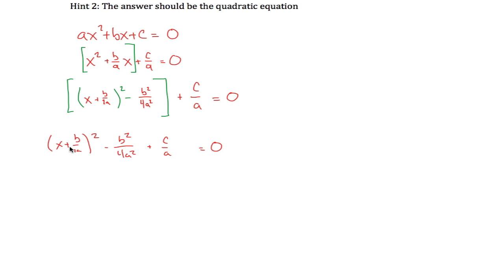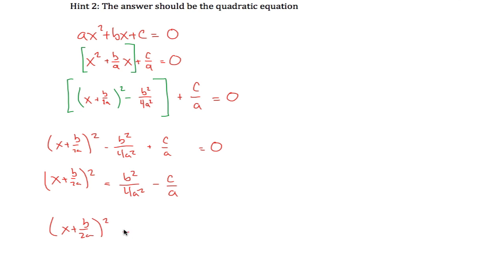I want to get the x all by itself, so I'll kind of add and subtract these things over and get x plus b over 2a squared is equal to b squared over 4a squared. It's adding this to both sides, minus c over a, subtracting that from both sides. Alright, x plus b over 2a squared.